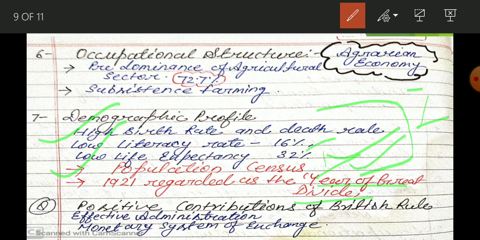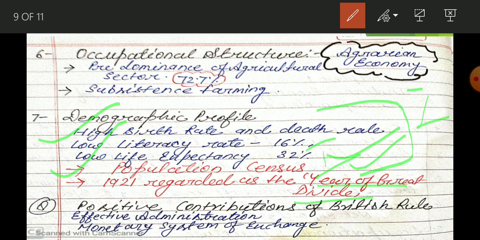There are many things, but two things I have written here. Effective administration: we learned from the Britishers how to do effective administration. Law and order, the judiciary system, whatever you find in India, that was given by the Britishers.